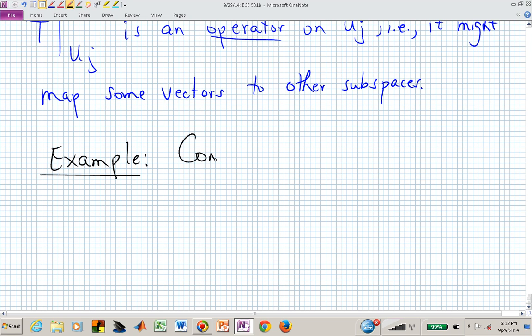An example. Let's consider our vector space V being all of R3. And let's just take our subspaces to be the conventional coordinates or axes, the x-axis, the y-axis, and the z-axis. Suppose U1 is the x-axis.